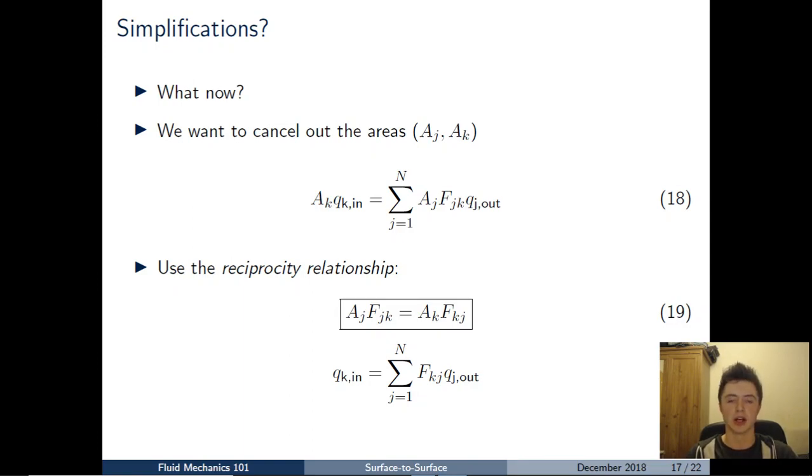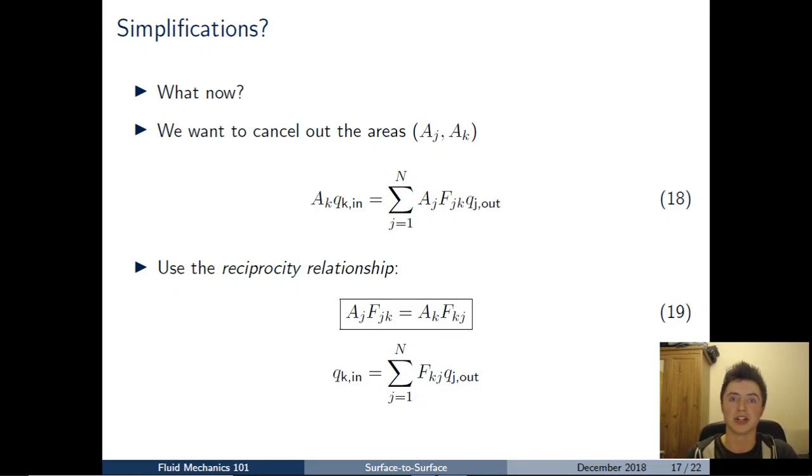If you're interested in deriving this relationship, you can get it from the view factor integral that we looked at earlier by multiplying it by the respective areas and changing the indices, and you'll arrive at the reciprocity relationship. The view factor for cell j onto k, F_jk, multiplied by its area A_j, is equivalent to the opposite view factor, from k to j, multiplied by its area.